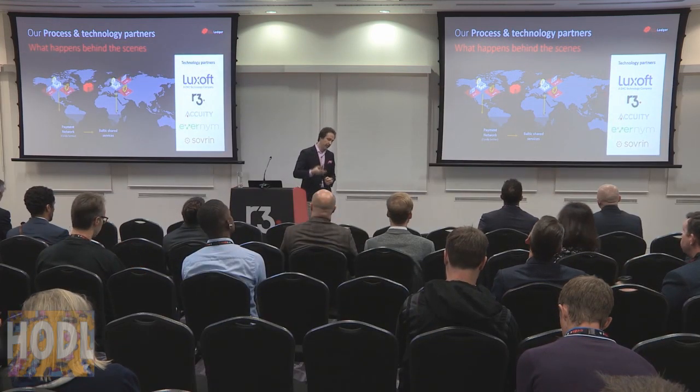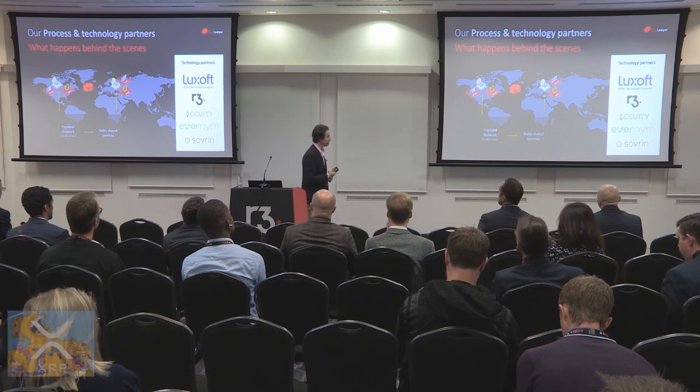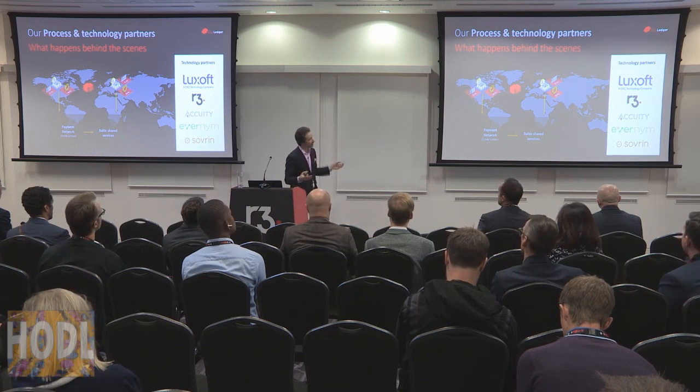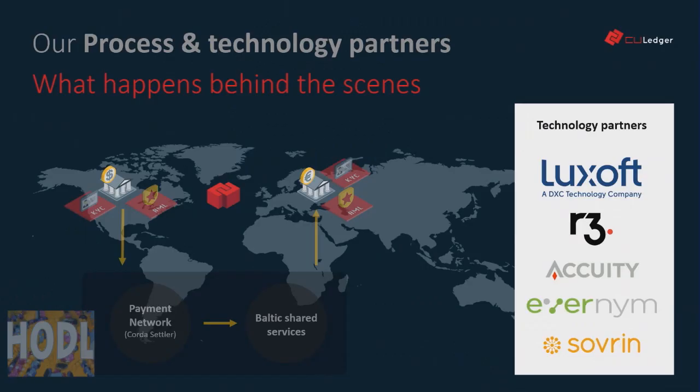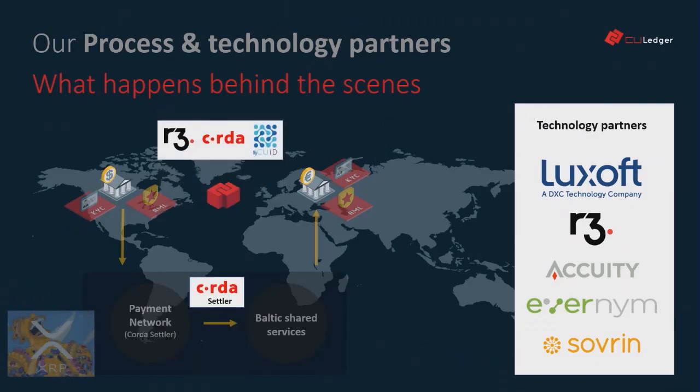And a very important part of that story, of course, is Evernym and Sovrin, Sovrin being a self-sovereign identity network. I'll talk about it in a second. Evernym is one of the companies that provides identity wallets and identity agents that help us share personal information that is required for KYC AML checks. And Luxoft is architecting, helping to build it on top of Corda and connect all these technologies together, for CU ledgers. So that's what we do.